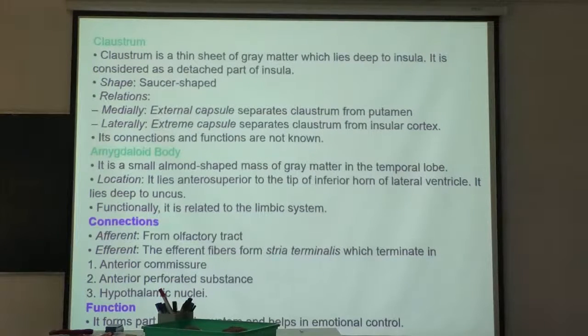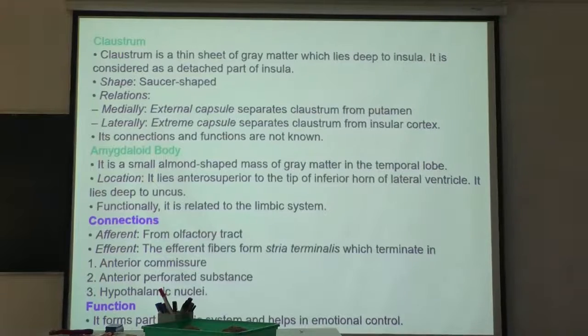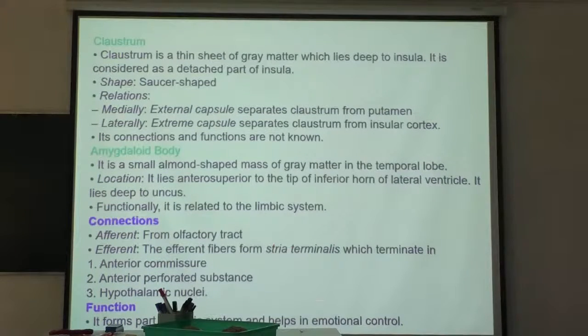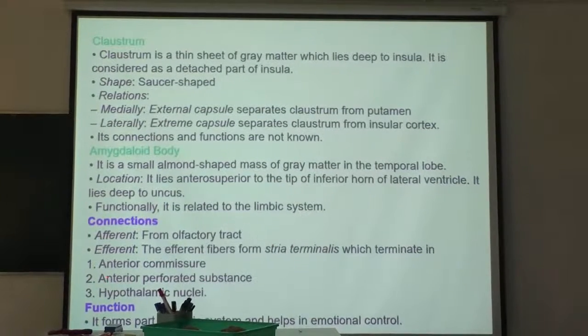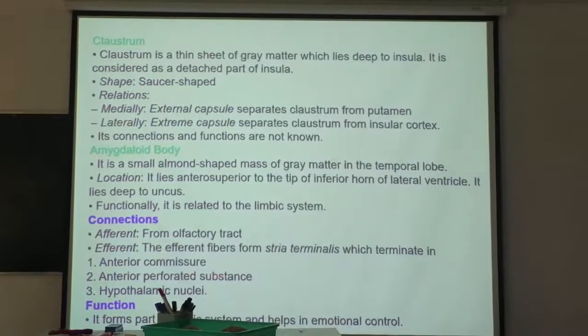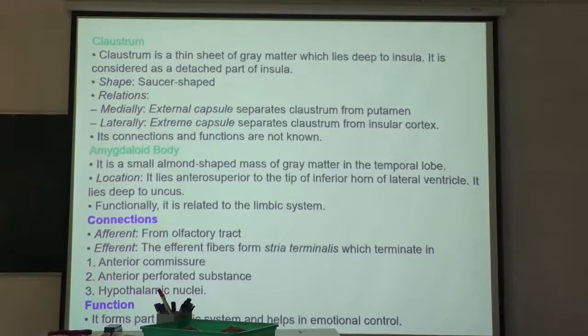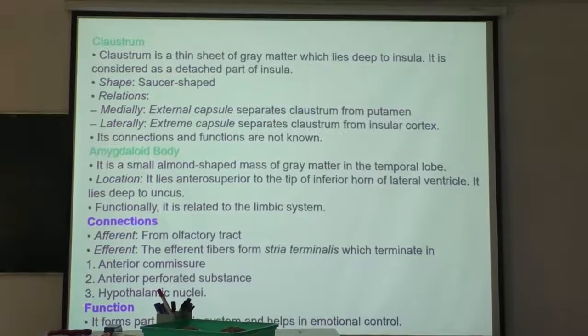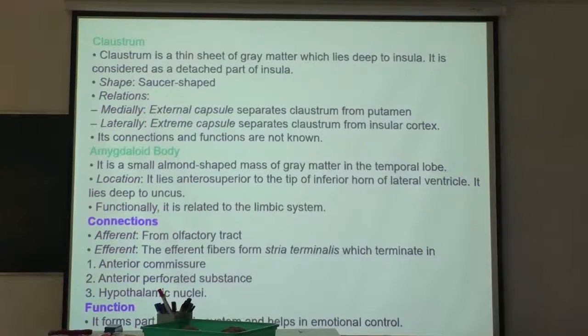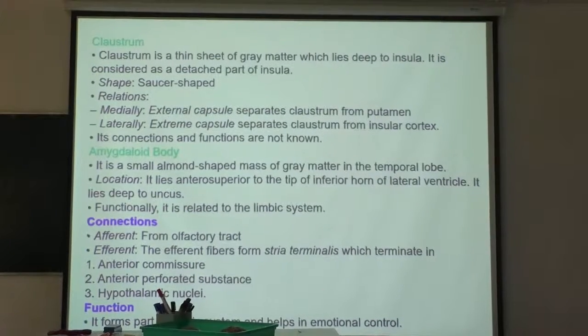Stria terminalis located in the floor of the lateral ventricle. So the efferent from amygdaloid body are forming the stria terminalis, which terminate in anterior commissure, anterior perforated substance, and hypothalamic nucleus. So what are the function? It forms part of limbic system, helps in emotional control. Okay, understood?